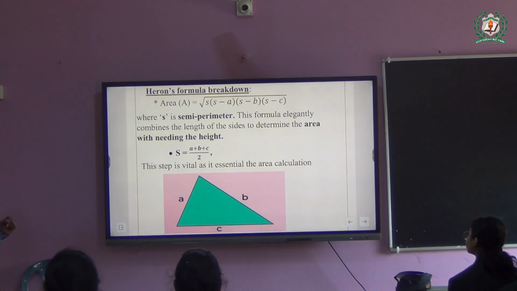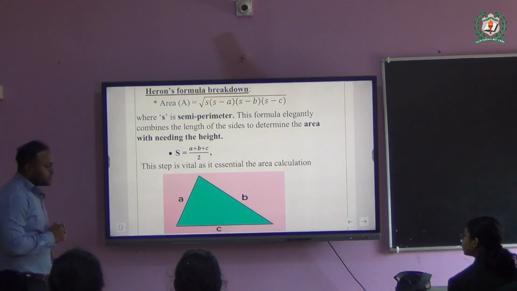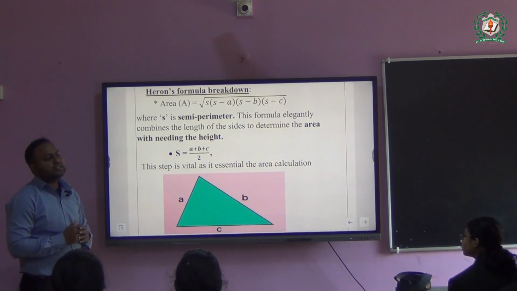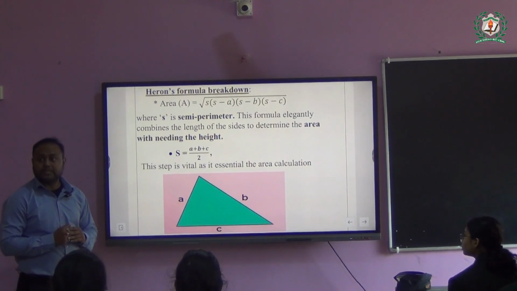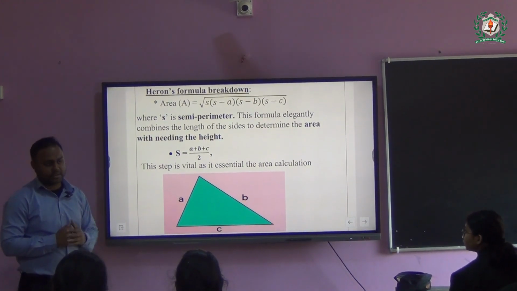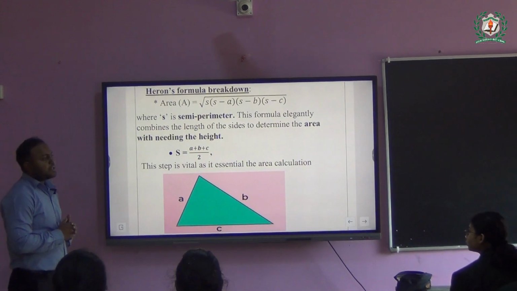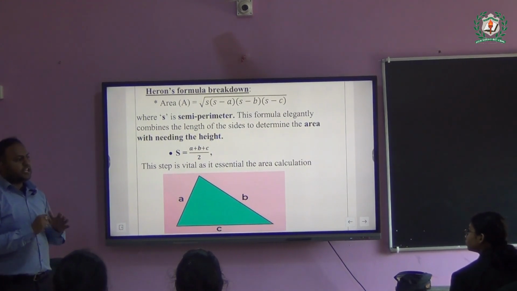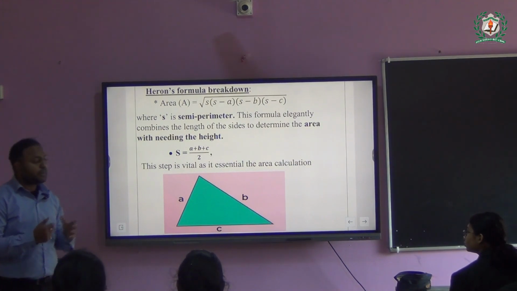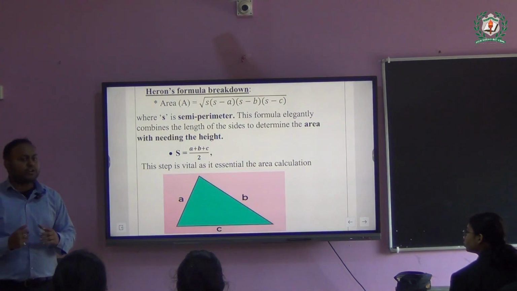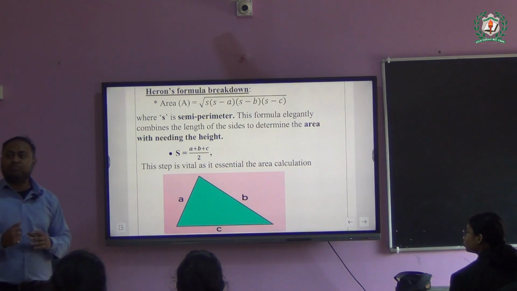So here a new term is going to be defined, that is called semi-perimeter. What is it? Semi-perimeter. Anything divided by half becomes semi. Then sir, what is the perimeter? The perimeter of a triangle, or any closed figure, is the sum of all the sides.